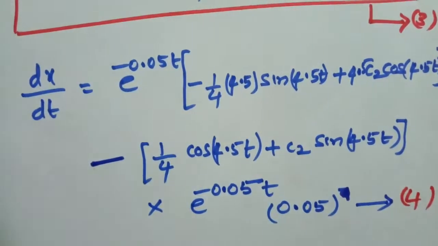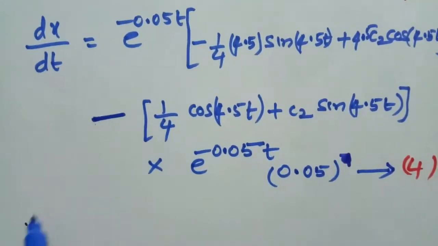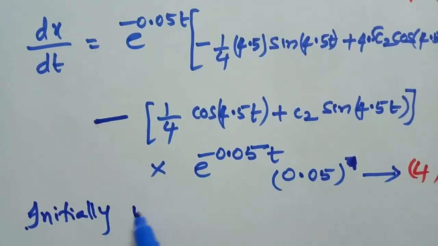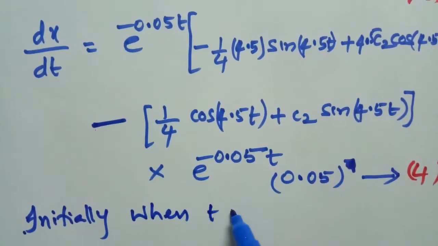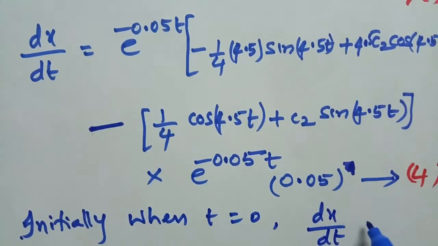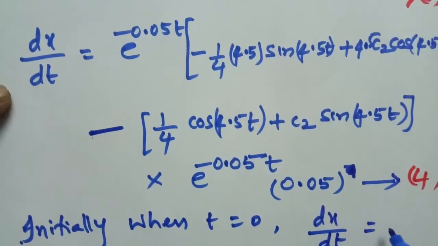Now initially when time t equal to 0, initial velocity dx by dt is equal to 0.